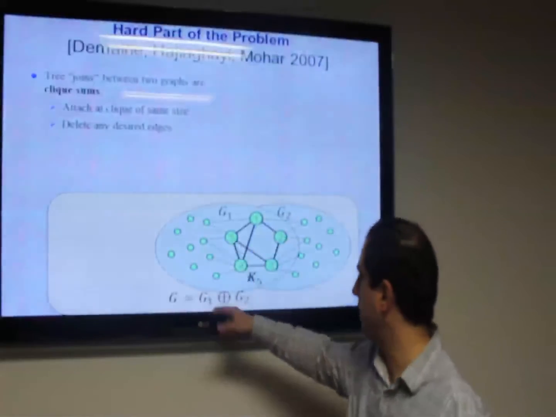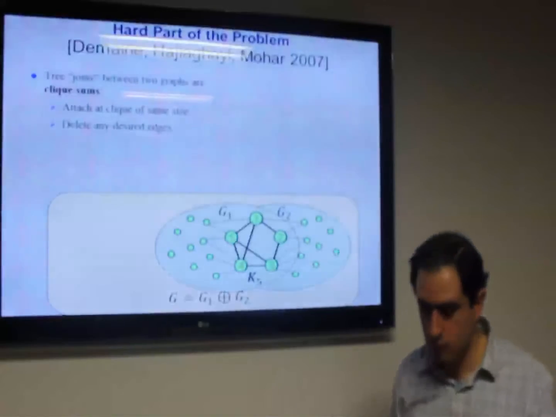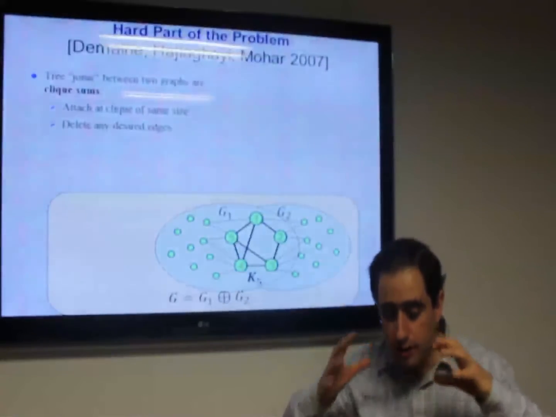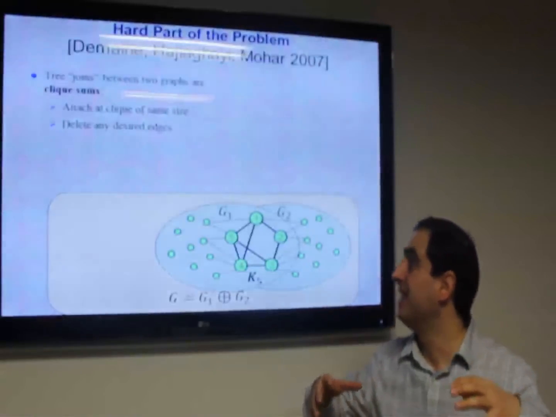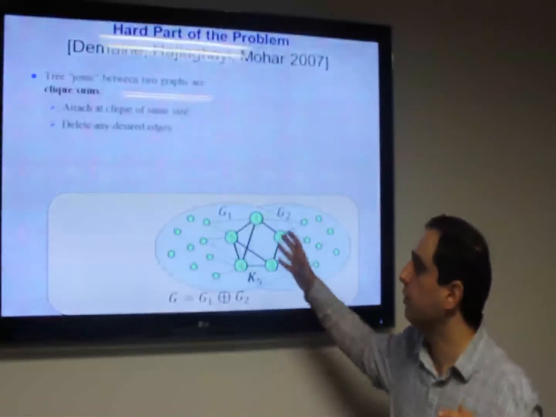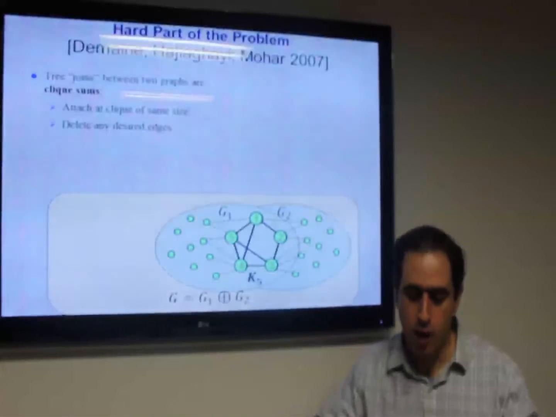That graph G is called the clique sum of G1 and G2. Essentially, Robertson and Seymour's theorem says that any H-minor-free graph G, for a fixed H, is a clique sum of almost embeddable graphs.